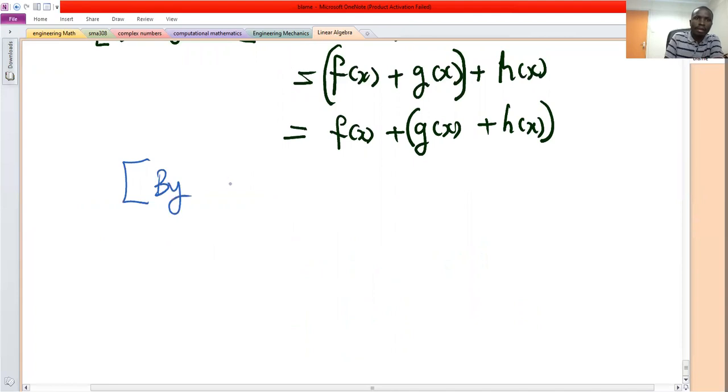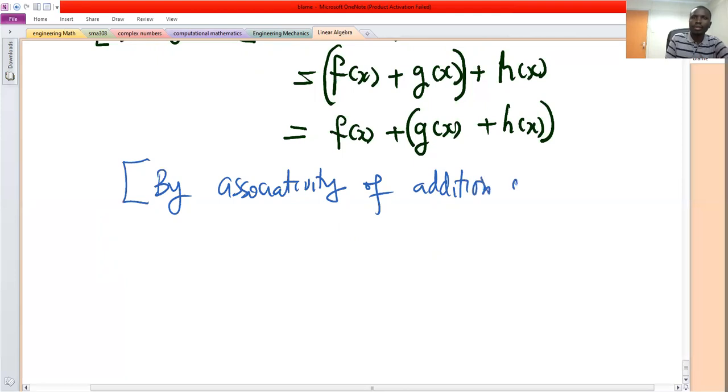So this operation is valid by associativity of addition on real numbers. Remember, all these are real numbers.